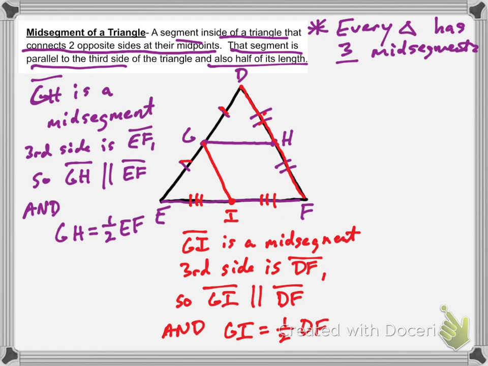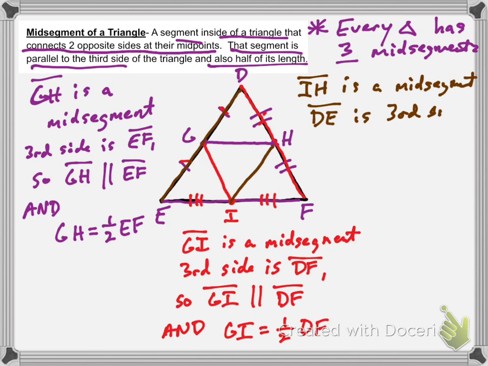Now, the last one. There's only one more. We got to connect I and H. So, IH is a midsegment. Now, in this case, the third side is DE. So here's what we have.